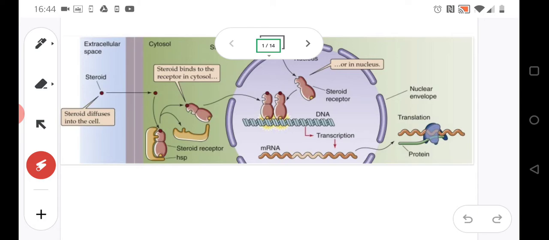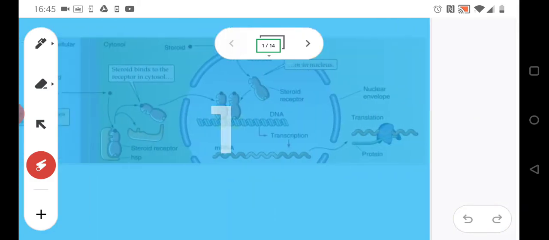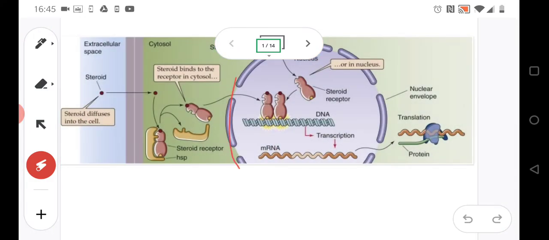So generally controlling what proteins would be created in the cell. So, one more time, most receptors for the hormones are on the cellular membrane, but some are inside the cell.